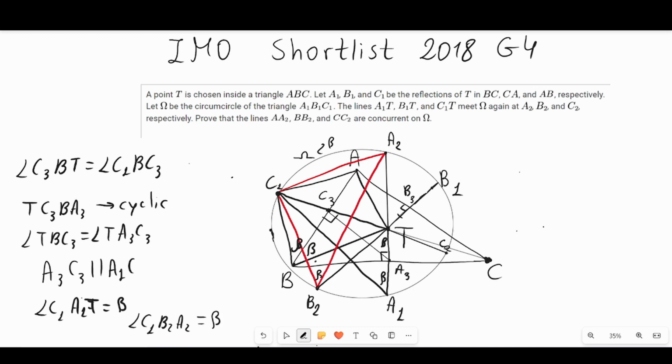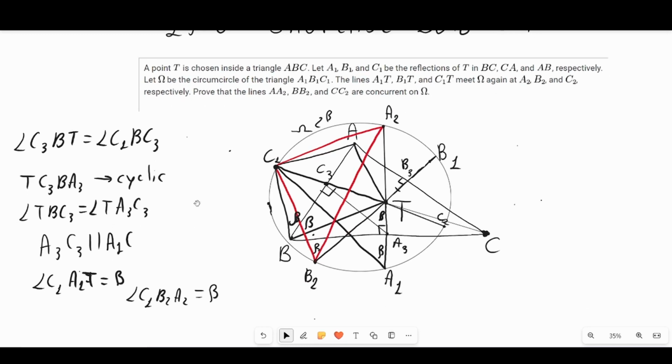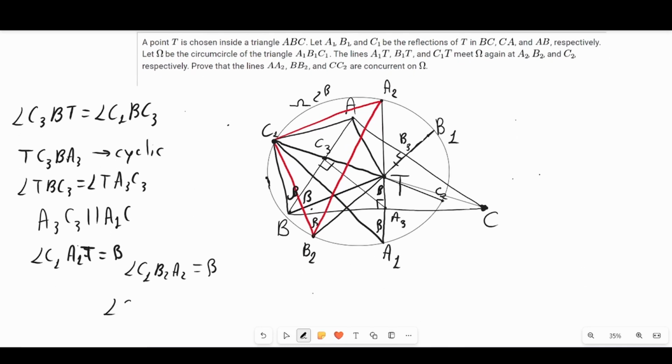Similarly, we will see that angle C1AB equals angle TAB. So if we call this alpha, this would also be alpha. And how can we prove this?